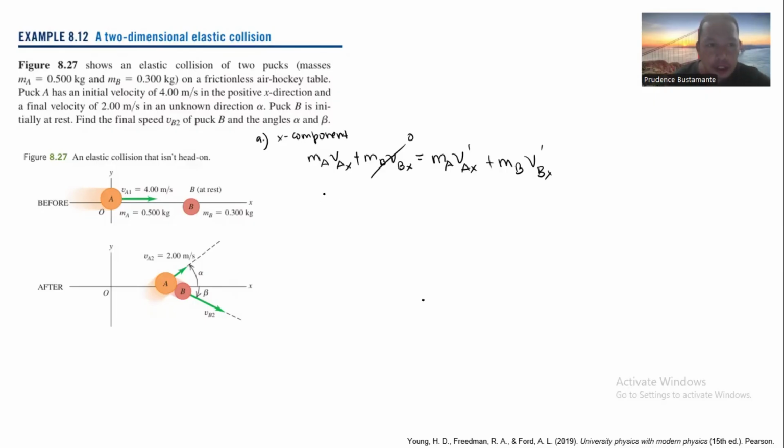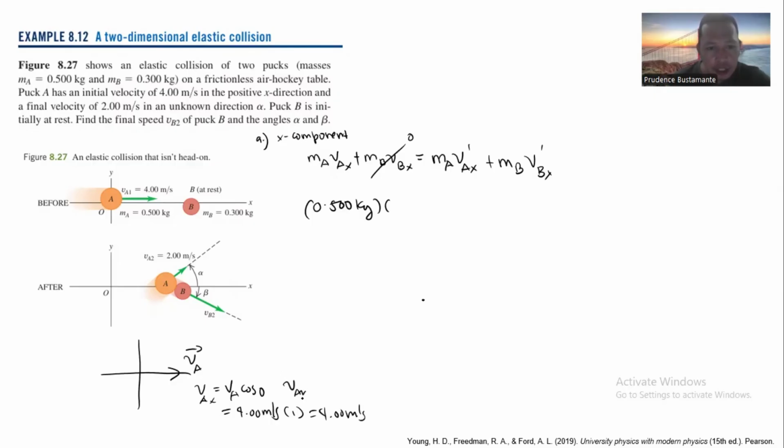So here we have the mass of A, which is 0.500 kilograms, times the initial velocity along X. Along X, the velocity of A is just VA cosine of 0, which is 4.0 meters per second, because cosine of 0 is 1.